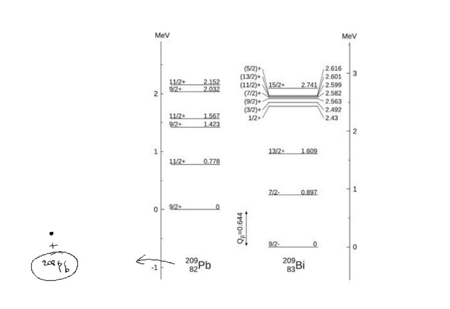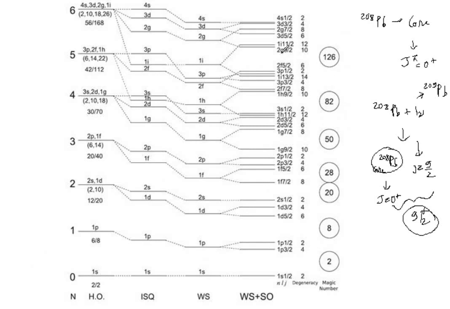Now we can keep this core part as it is, saying that it is unexcited. And then let us try to change the level to fill the valency neutron from the 2g9/2 to another state. So where will that state be? After 2g9/2, where can the neutron go?